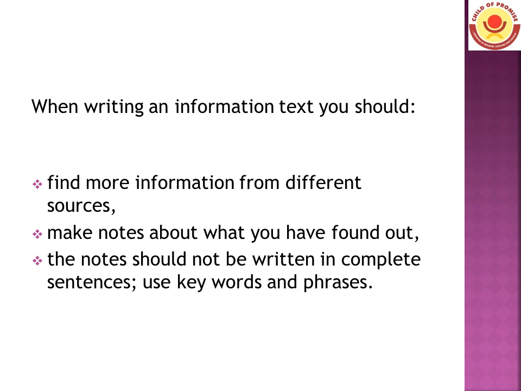If you want to write on dinosaurs, you look for books on that. If you want to write about insects, also you look for books on that. Leaflets, encyclopedia, websites, these are the places you can get your information or facts on what you want to write.